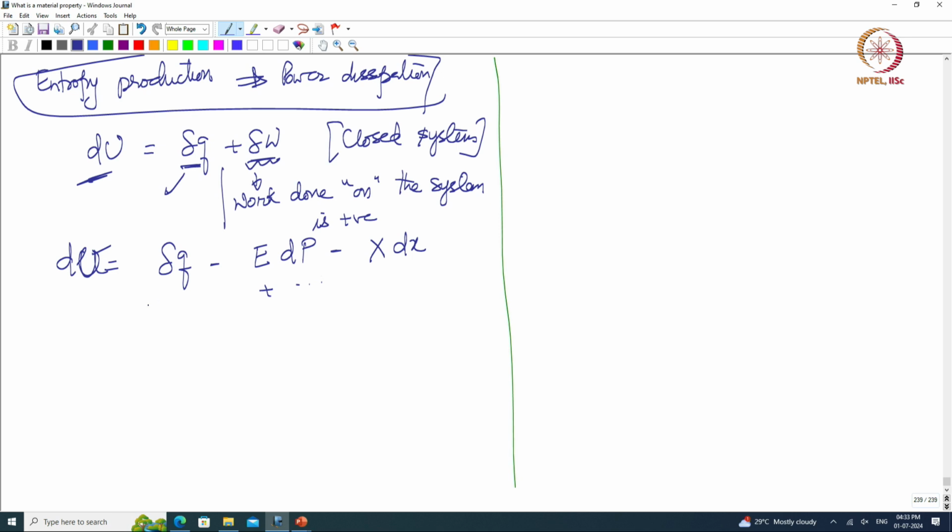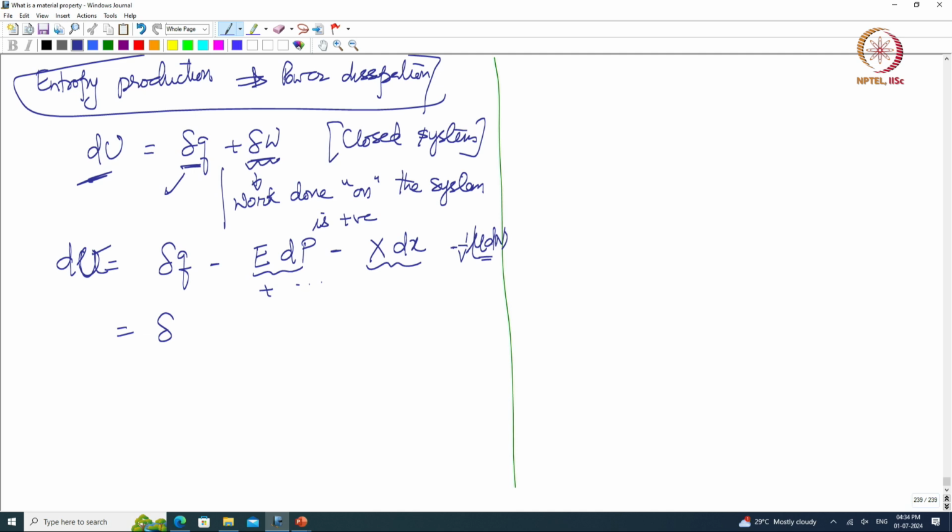In general, the work done on the system is electrical work, mechanical work. Let us confine ourselves to electrical and mechanical, but there can also be chemical work, with a chemical potential changing the concentration, mu dN, where again I have to do a 1 by V.